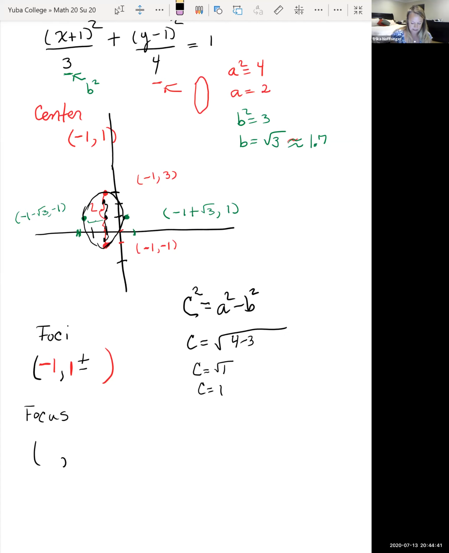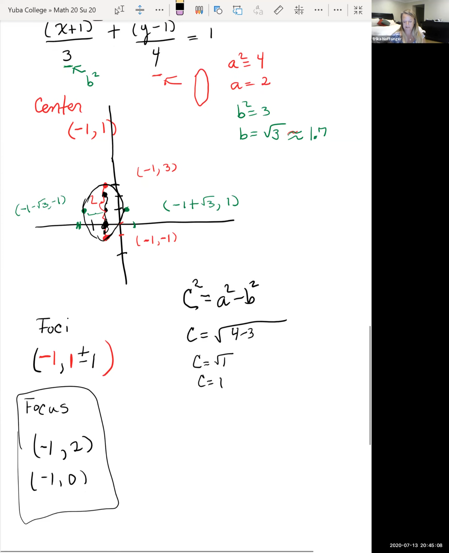Okay, so I have one at -1 and 1 plus 1, which is 2. And I have one at -1, 1 minus 1, which is 0. My focus is really here. Foci, again, is just plural for focus.